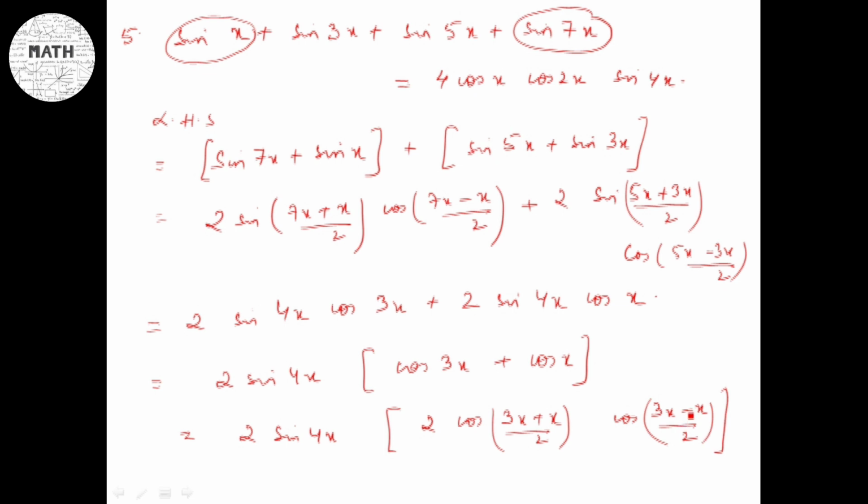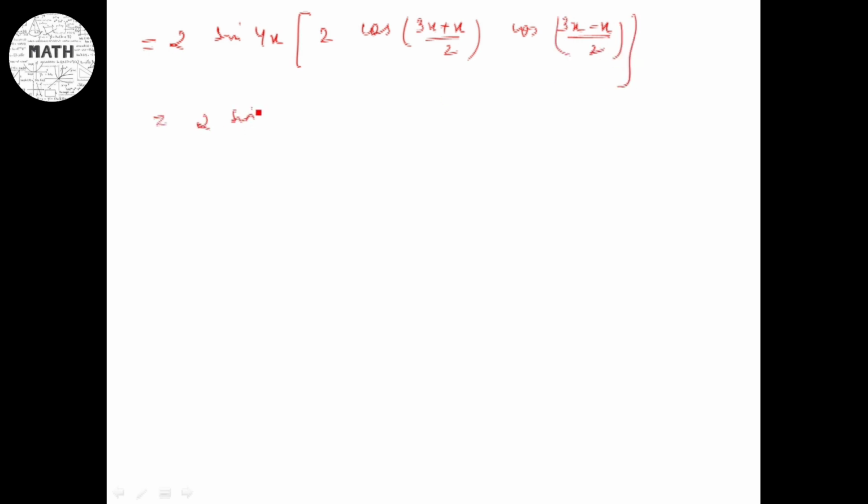Okay, so in the next term you'll get nothing more than 2 sin 4x. Let me just write whatever I've written over there. Cos 3x plus x divided by 2, cos 3x minus x divided by 2. So that will be 2 sin 4x, 2 into cos 4x by 2, cos 2x by 2.